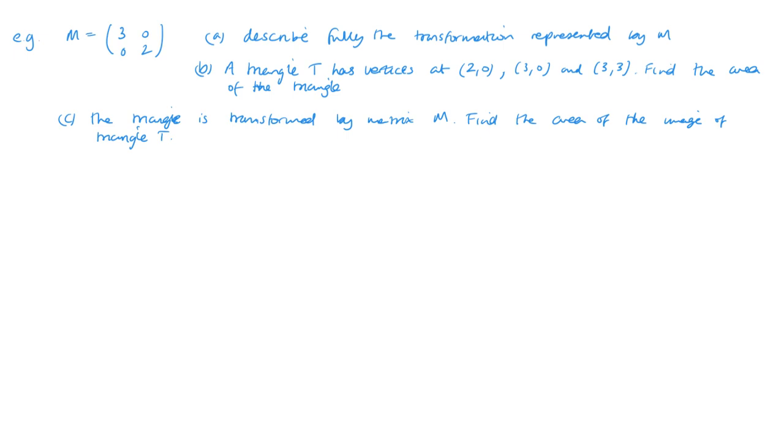So here is our example. We've got matrix M here, and the first part is to describe fully the transformation represented by M. The matrix is of the form (A 0, 0 B).